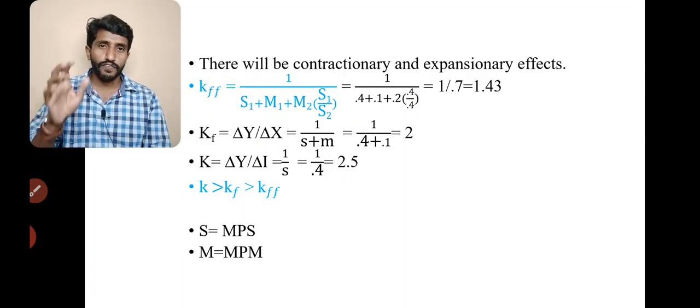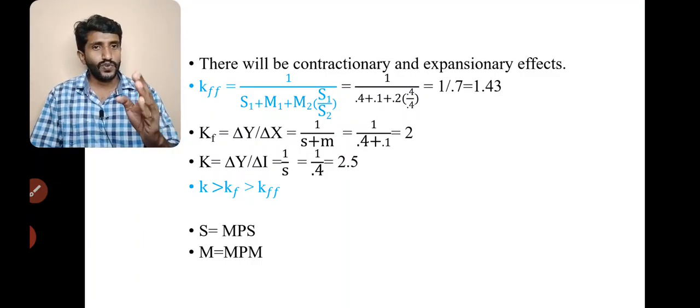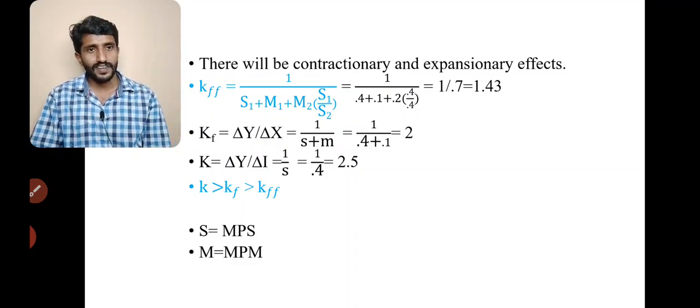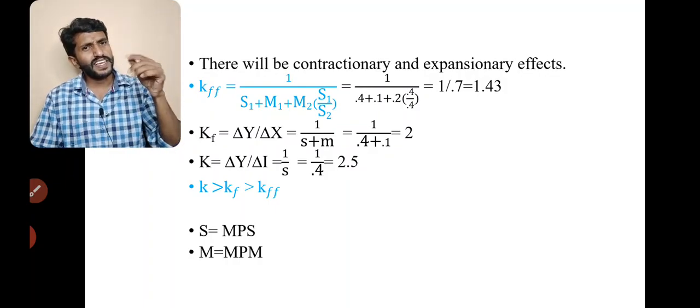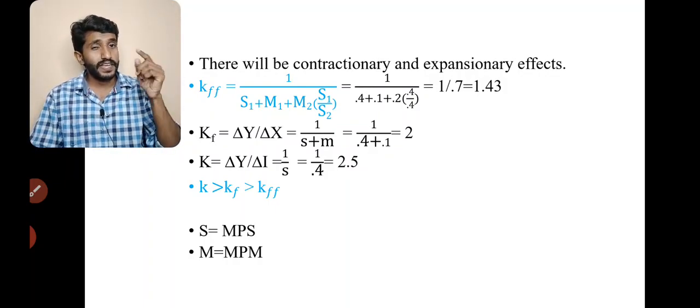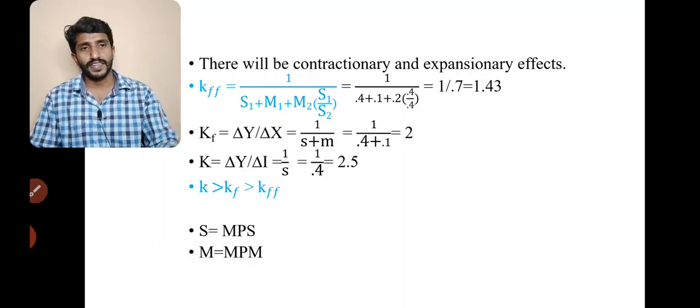So KFF is nothing but the foreign trade multiplier with repercussions. Its equation is like this. Without repercussions, we said it is 1 divided by S plus M, simple. But here we are considering the S and M of both countries.